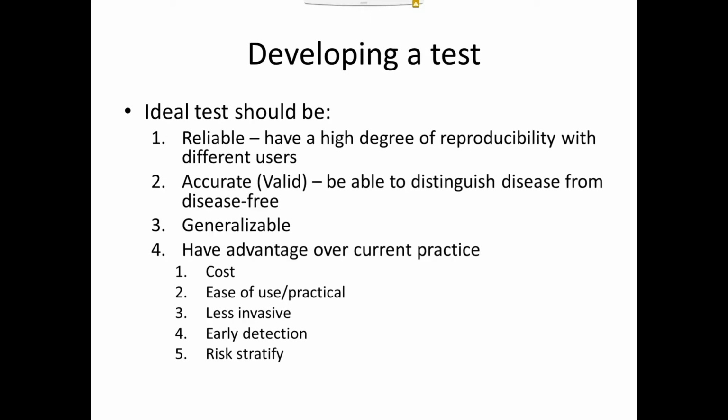So, developing a test. Let's say you are coming up with a serum test for epilepsy diagnosis. The ideal test should be reliable. So it should have a high degree of reproducibility with different users or different machines that assay the test. It should be accurate or valid. It should be able to distinguish people who have the disease of interest from those who don't have the disease of interest.